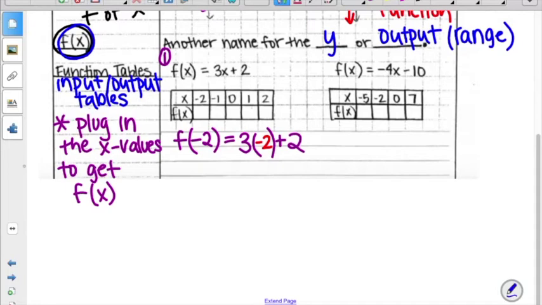So we're going to multiply 3 times -2, and that's going to give us -6. We're going to bring down our plus 2. So we have -6 plus 2. Those are opposite signs, so we subtract. -6 plus 2 is -4. So f of -2 is equal to -4. So in our box, we're going to put -4.